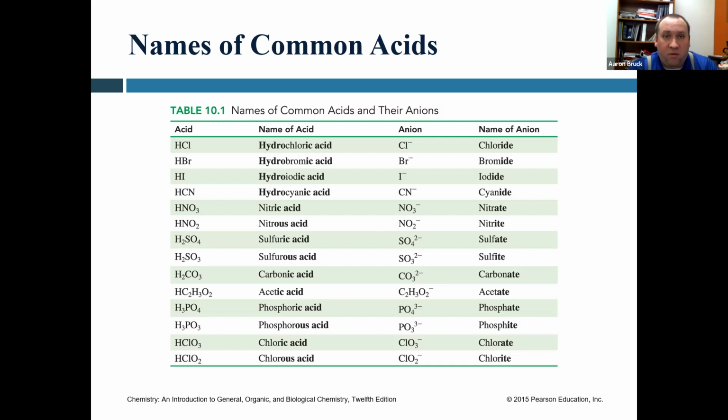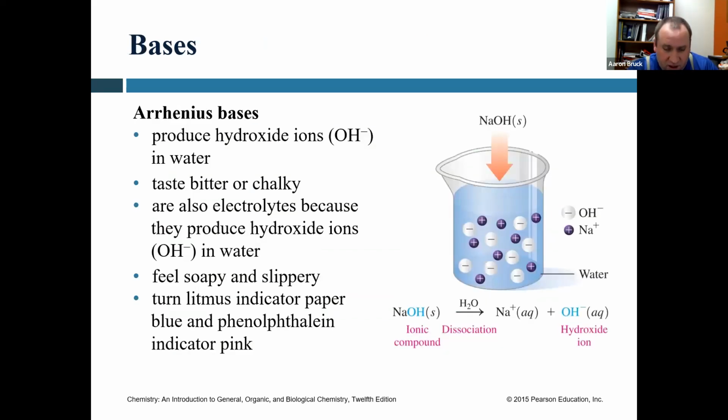Let's compare that with bases. Arrhenius bases, by definition, are going to be compounds that look like salts. So they're going to be metal, non-metal kinds of ionic compounds, but they have hydroxide groups, OHs, at the end.